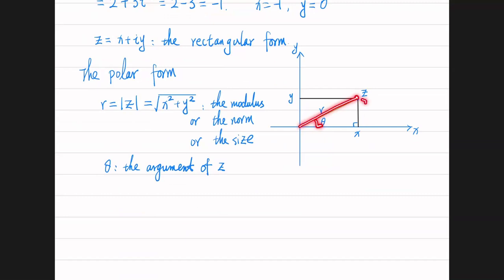How do we represent these two sides? Okay, let's check. Jessica, can you find the relationship of these two sides using r and theta?